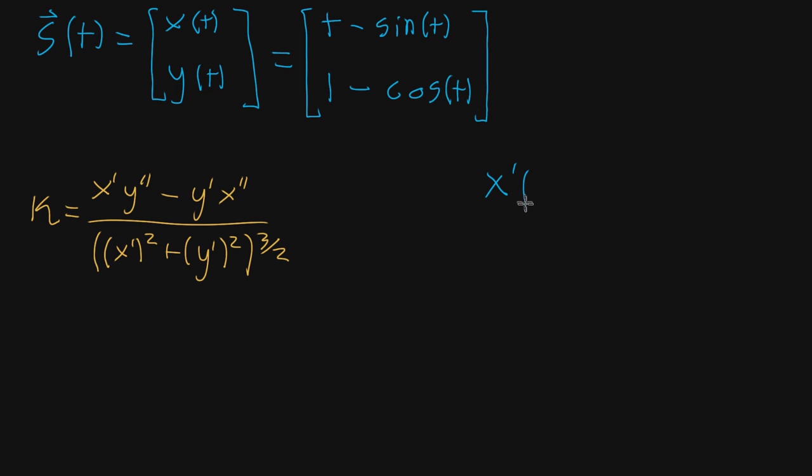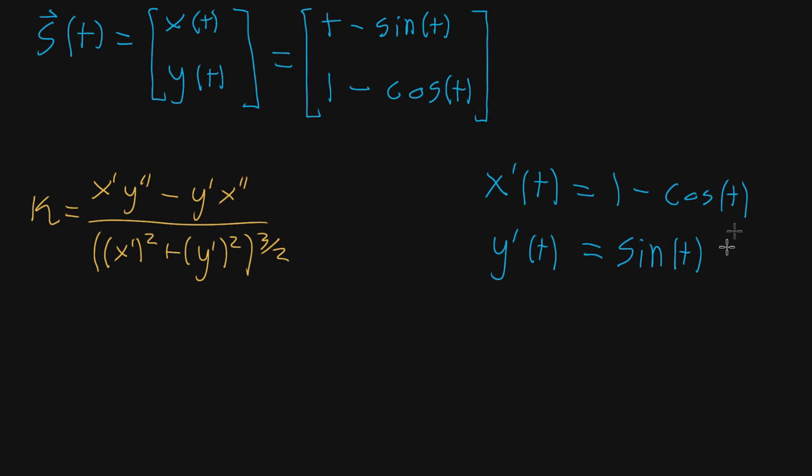So the first derivative of x of t, that's t minus sine of t, so its derivative is 1 minus cosine of t. And the derivative of the y component, 1 minus cosine t, y prime of t, is going to be, derivative of cosine is negative sine, so negative that is sine, and that 1 goes to a constant.